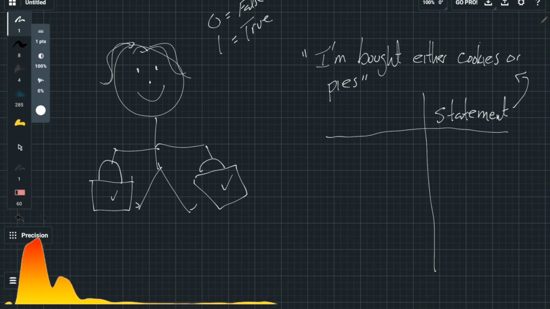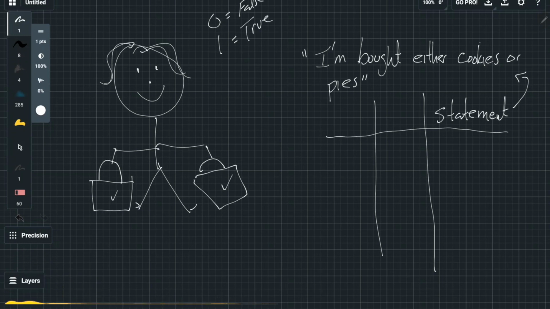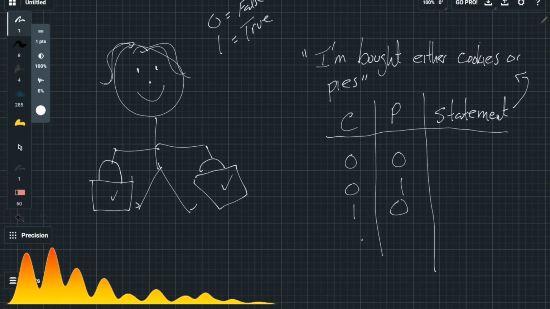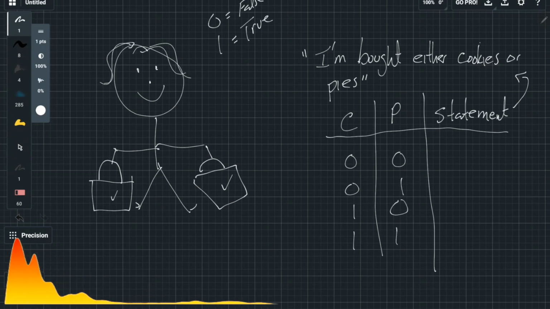And our inputs, again, well, we have to look in the bags and see if there are, in fact, cookies and if there are, in fact, pies. So, again, the combinations, well, you could buy none of them. You could buy one of them on either side, or you could buy both. And again, as we talked about last time, if you didn't buy either, well, then shame on her. None of them were bought.